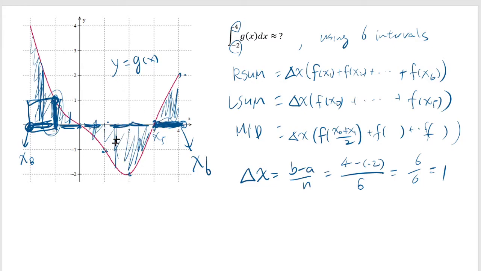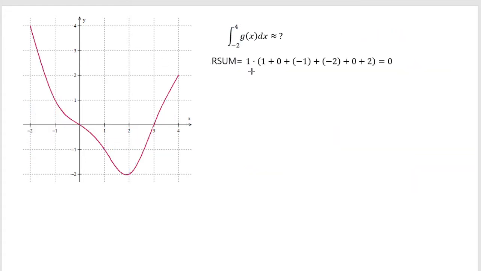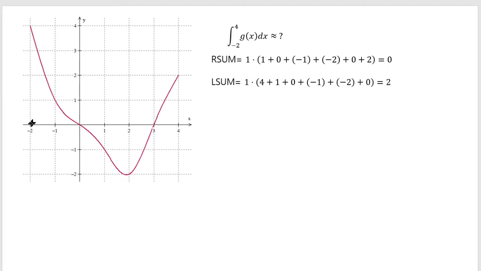Okay. So if we do this convention, here's what we get for the right sum, because right sum is delta x times the right endpoint values. So you have 1, 0, negative 1, negative 2, 0, and 2. That's what I wrote down, and if you actually do the calculation, it's 0. For the left sum, you start from here.